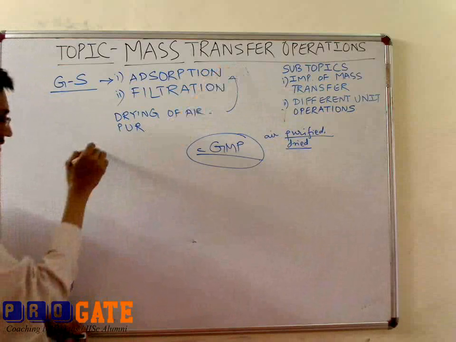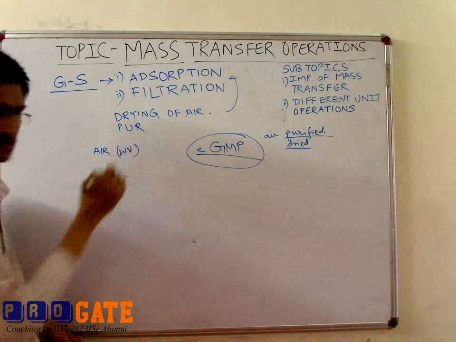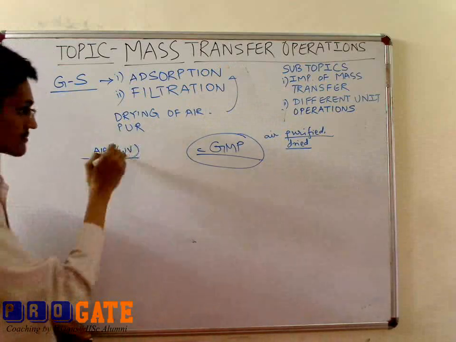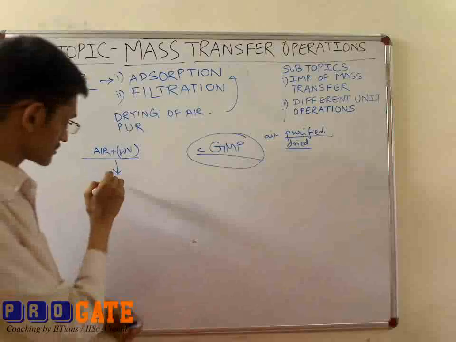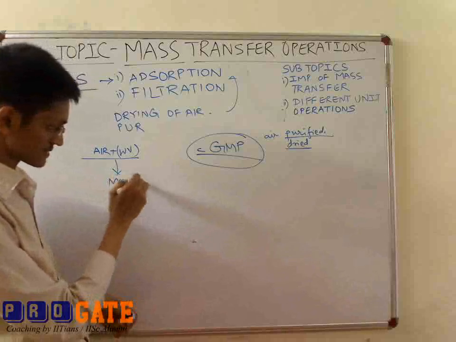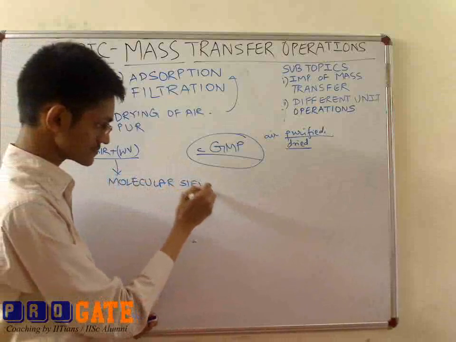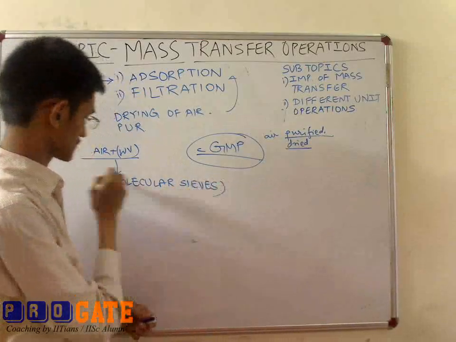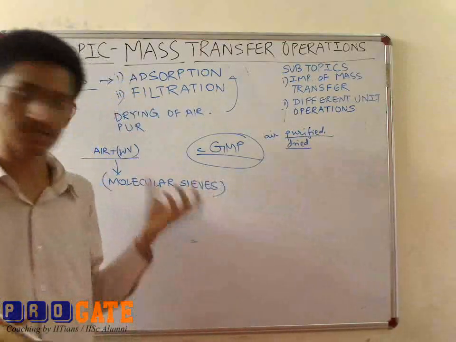Drying of air would be, now air has moisture, that is water vapor, along with it. So this air plus water vapor mixture is passed through a solid material called molecular sieves. These molecular sieves are basically again a microporous material.